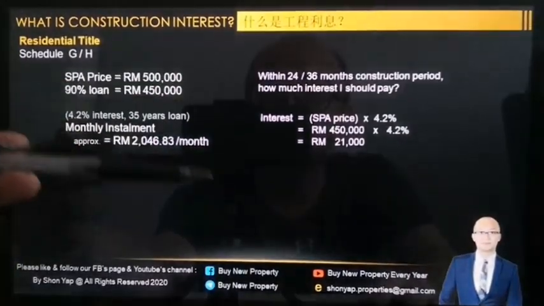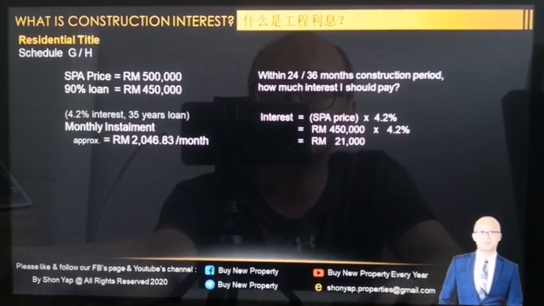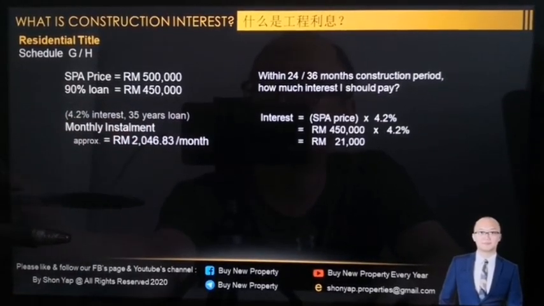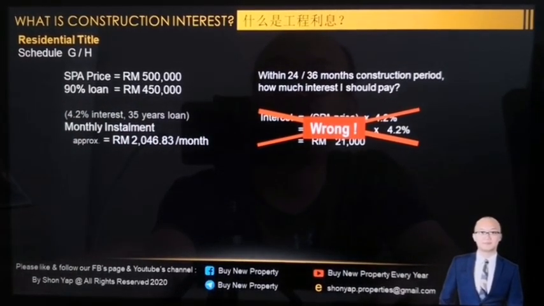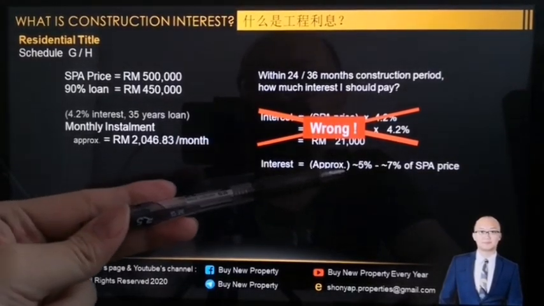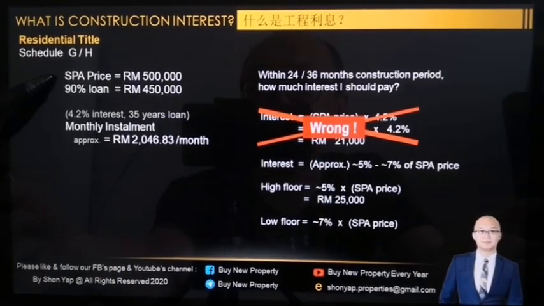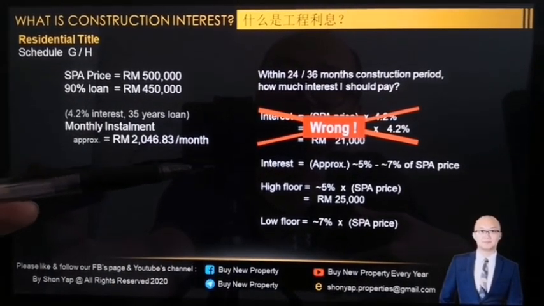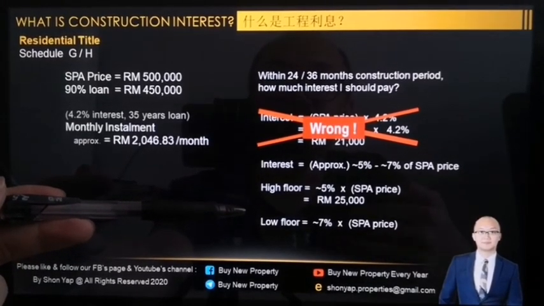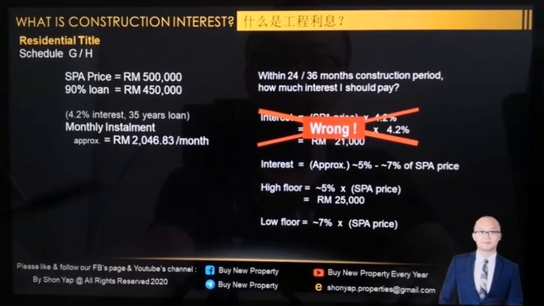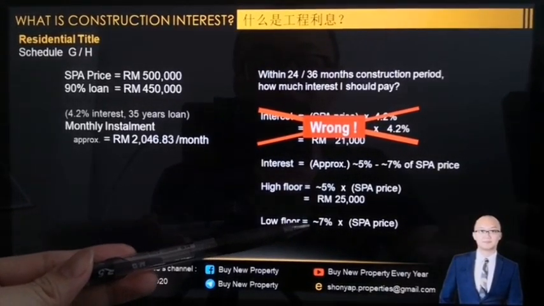But once you let them know, for the commercial title property or residential title property, by the actual calculation, they will know how to pay and how much to pay. So if you buy the high floor unit, you pay less, about maybe 4% plus of the SBF price. If you choose the low floor unit, which is the exact date they start billing, like I showed you in the payment interest just now, the total interest they have to pay follows the billing from the developer, so about 6% plus for a 3-year project.